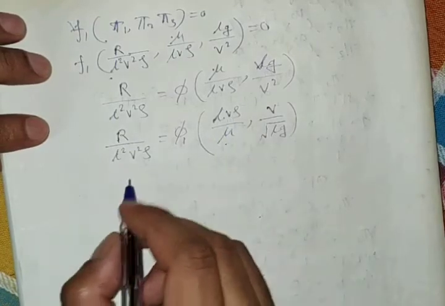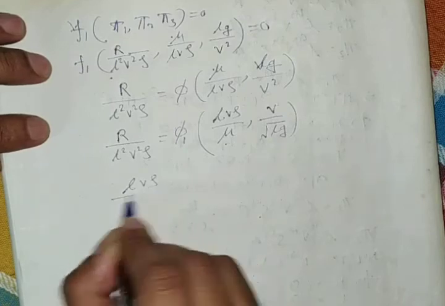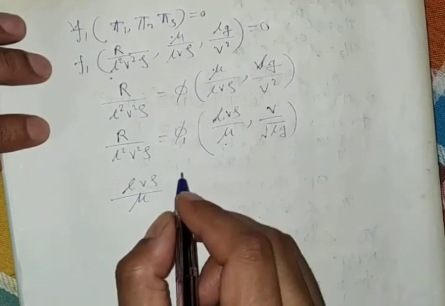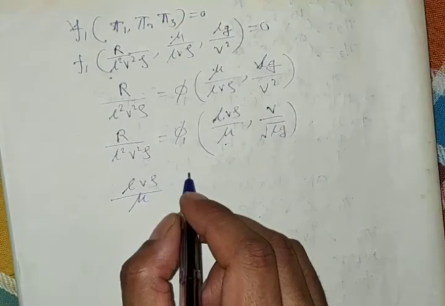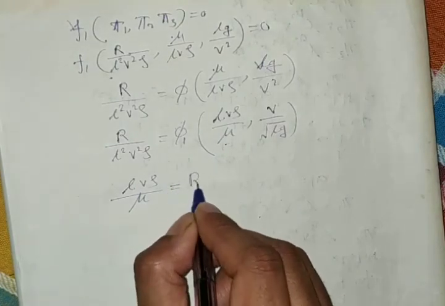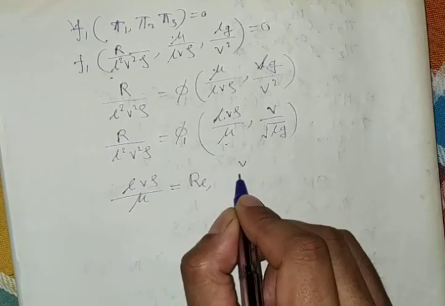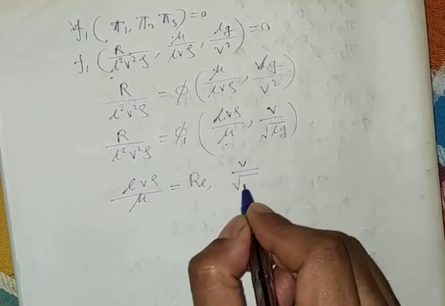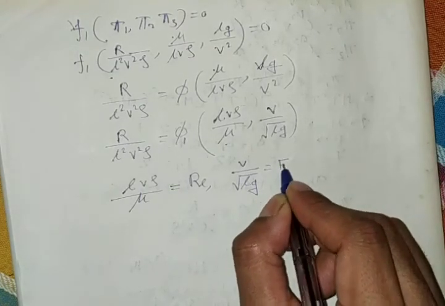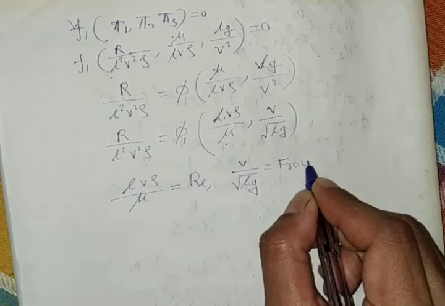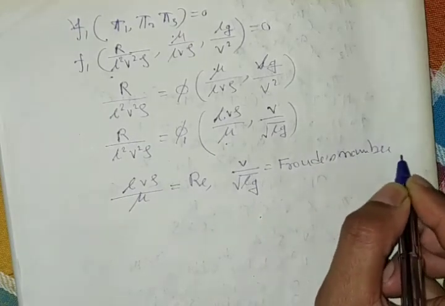So this formula, L V rho divided by mu, is nothing but the Reynolds number, and V by root of L g is nothing but the Froude number.